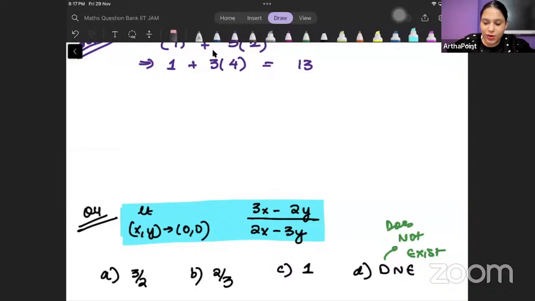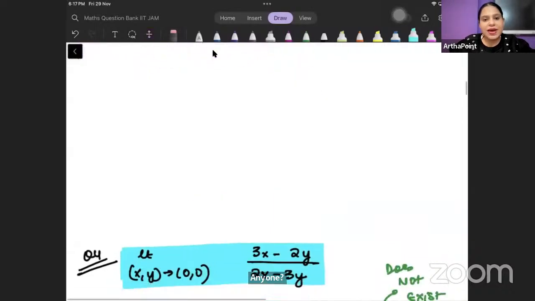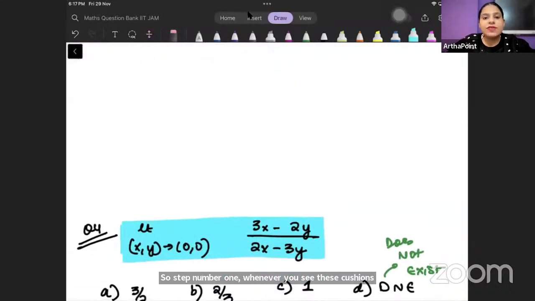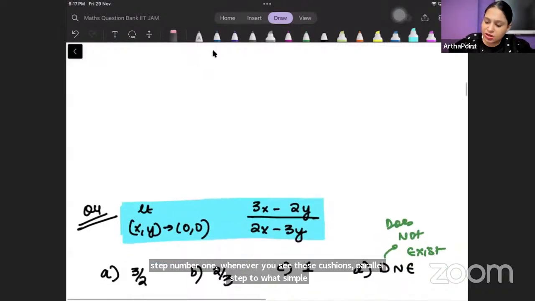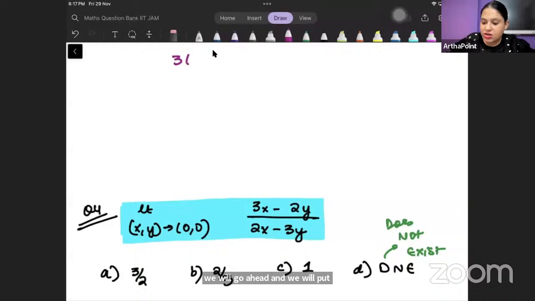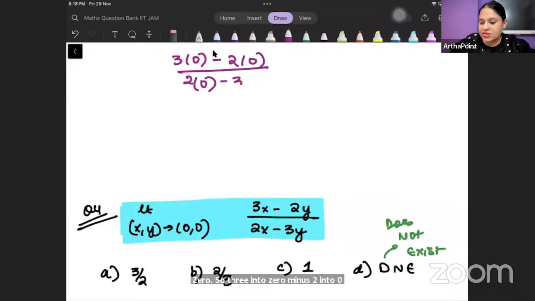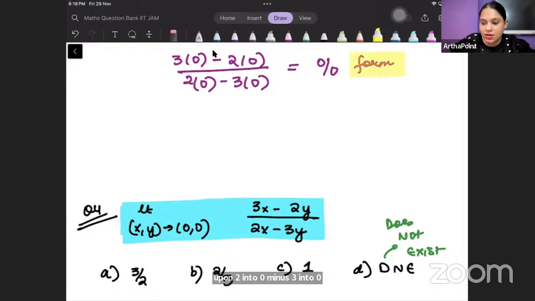So step number 1, whenever you see these questions, पहला step तो बहुत simple है. We will put 0, है ना? तो 0 लगा के देख लेते हैं. So 3 into 0 minus 2 into 0 upon 2 into 0 minus 3 into 0. This is 0 by 0 form.